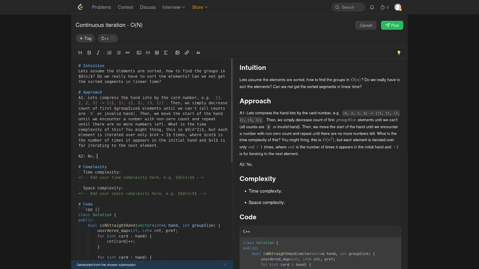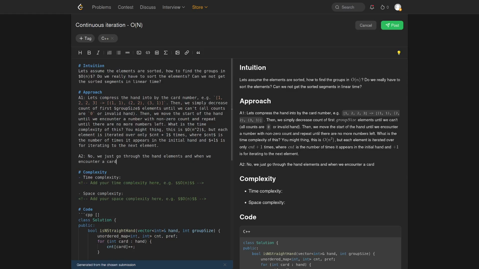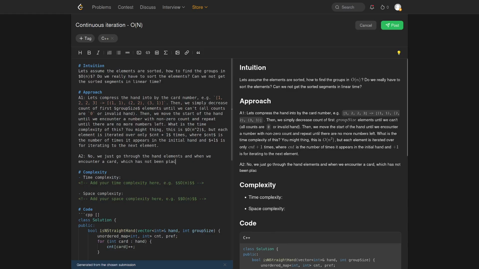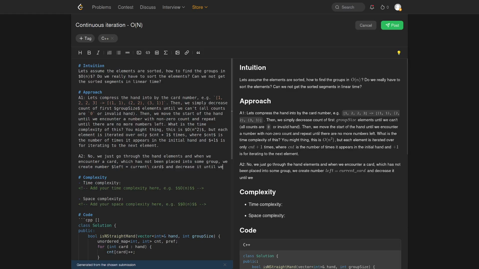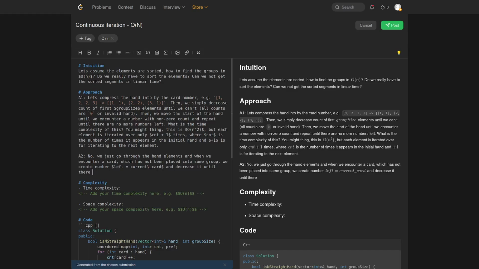Answer 2, no. We just go through the hand elements, and when we encounter a card which has not been placed into some group, we simply find the... we create number left current card and decrease it until there is a card, until there is such unplaced card.